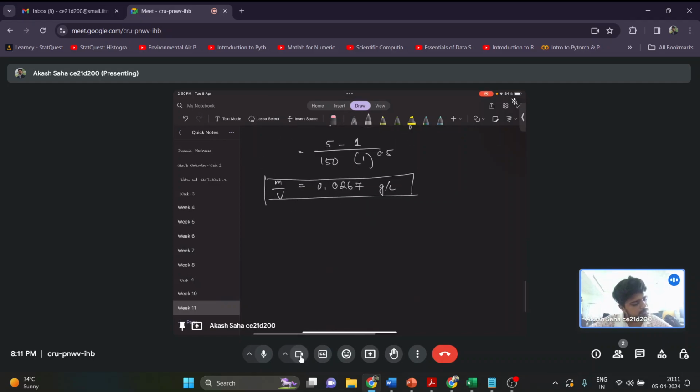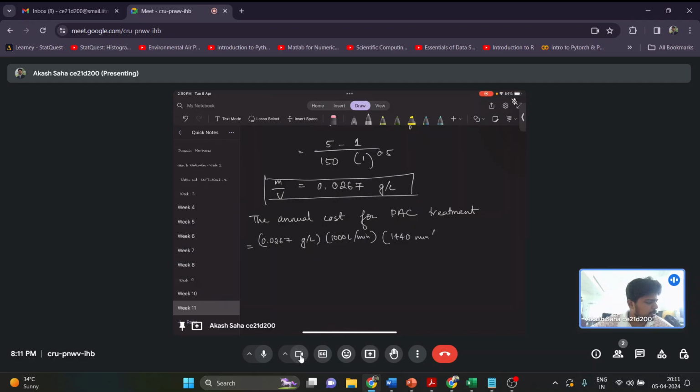Now the annual cost. The annual cost for PAC treatment will be 0.0267 gram per liter, okay, into 1000 liter per minute. So how many minutes per day?